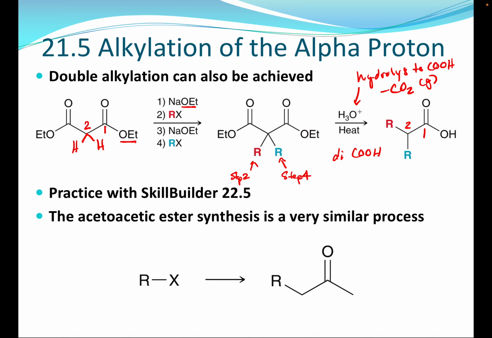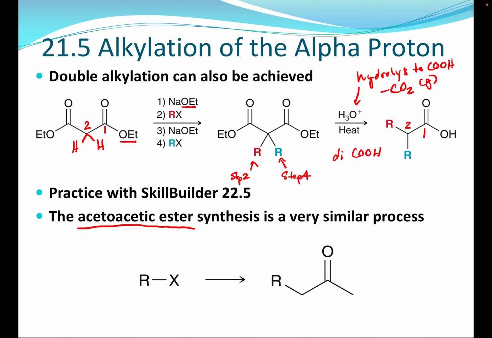Another alkylation reaction that can happen is this acetic ester synthesis. It's a bit of a mouthful, but the mechanism of this is going to be very similar to what we had seen earlier with the malonic ester synthesis.